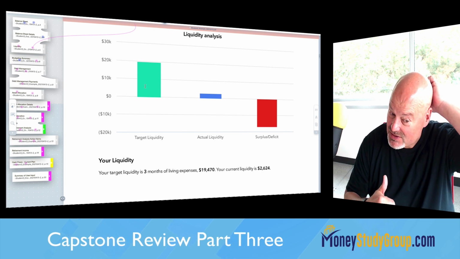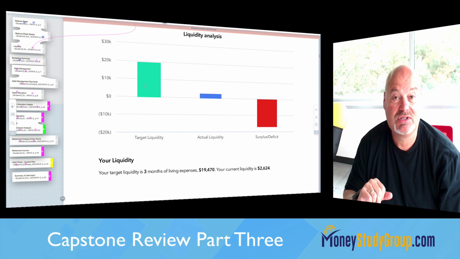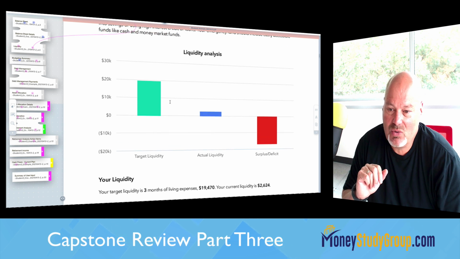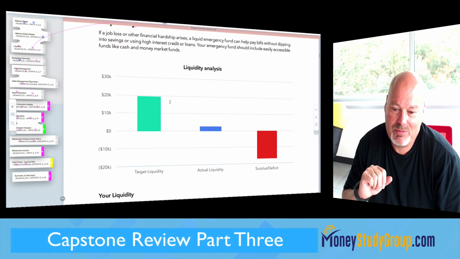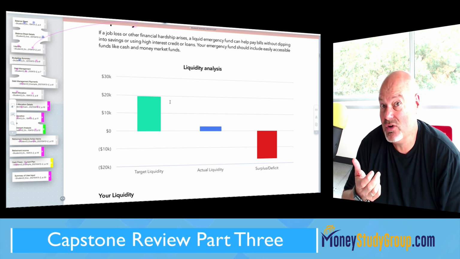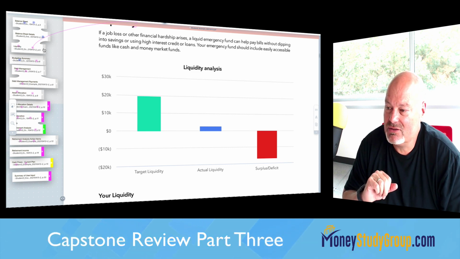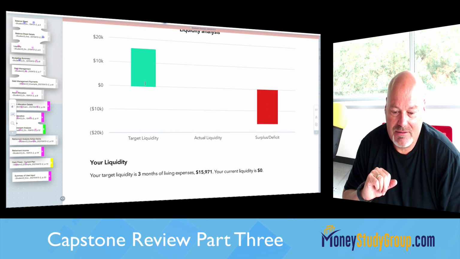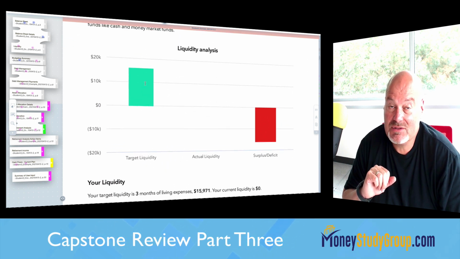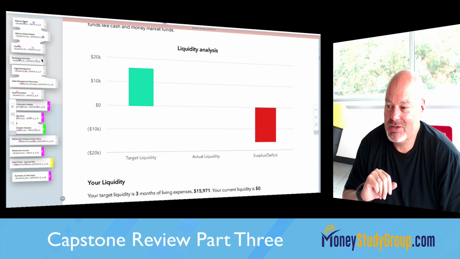That's $19,000, and their current liquidity is only $2,600. So that's just a quick kind of indicator about how your plan is doing in terms of your emergency fund. So let's see. We've got student number 3. Their current liquidity, 0. That's not good. So something for you to consider in your plan.